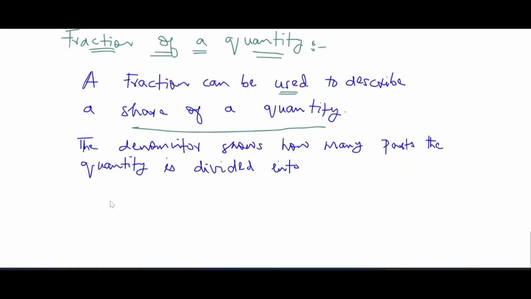Let's see the next one. What does the numerator show? Let's see the numerator.